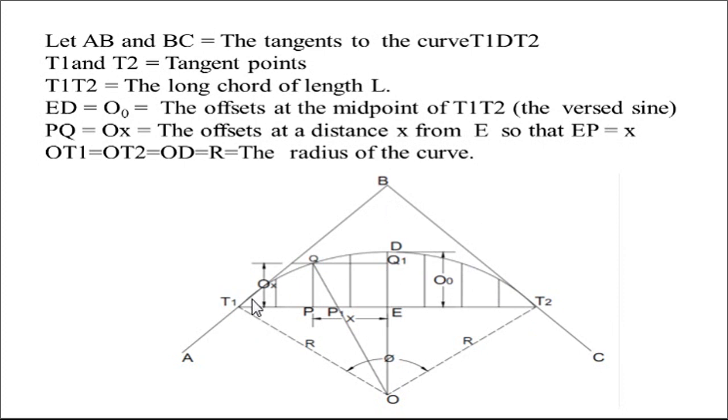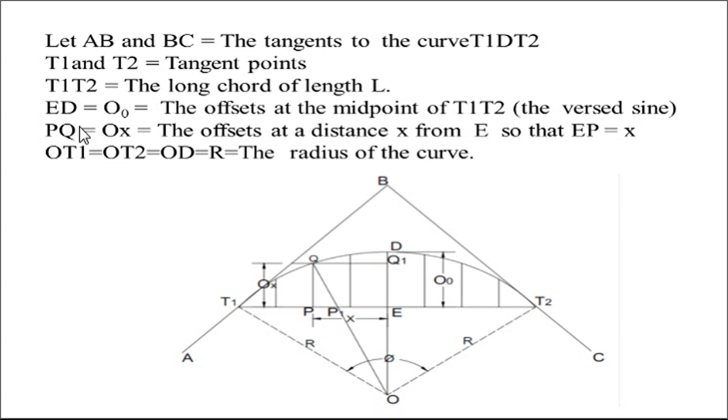The first one is the rear tangent and the second one is the forward tangent. T1 and T2 are the two tangent points. T1T2 is the long chord, whose length is capital L.